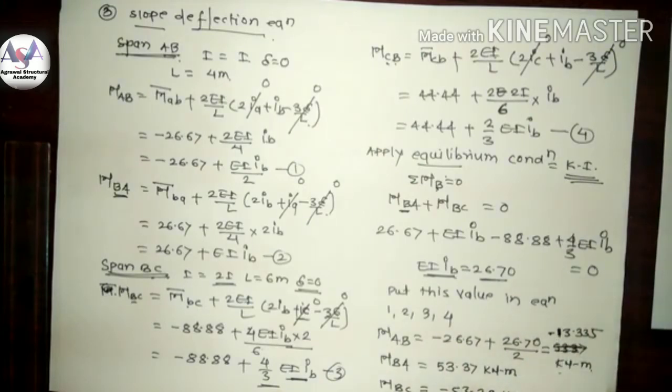So this BA and BC should be nearly equal. So this is okay. 53.37 is nearly equal to 53.29.